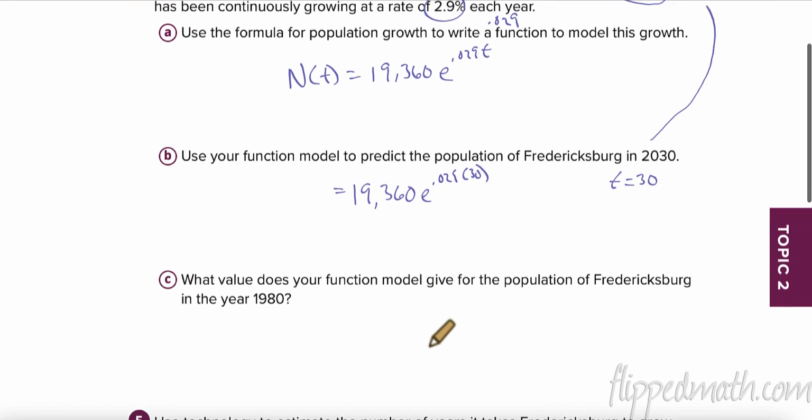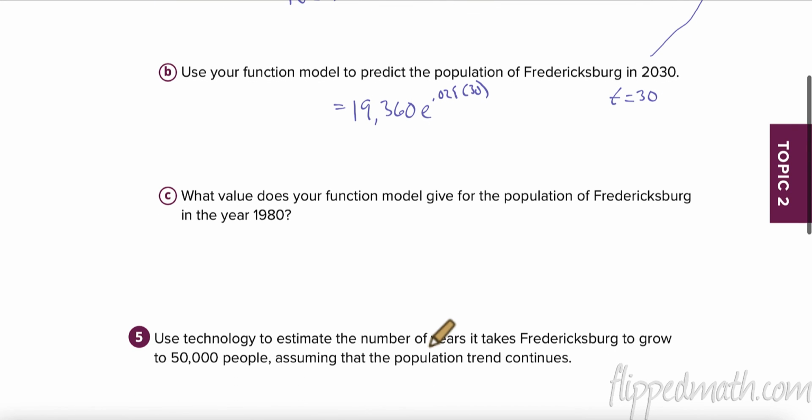And let's do C as well. 19,360 e to the 0.029, and then 1980, that's actually going backwards. That's negative 20 years. Let's see what happens there. That's going to be interesting. And I want you to see if you can do 5. Estimate the population. Use your graphing calculator. See if you can find it somewhere in the table. So pause the video and try those out.